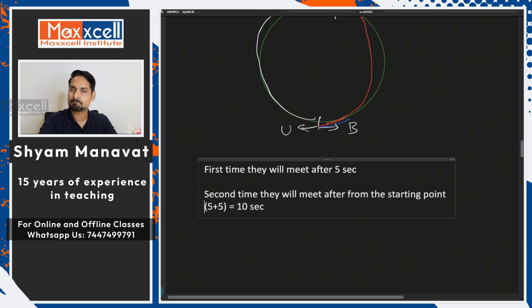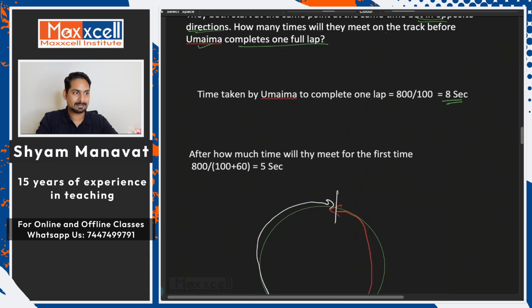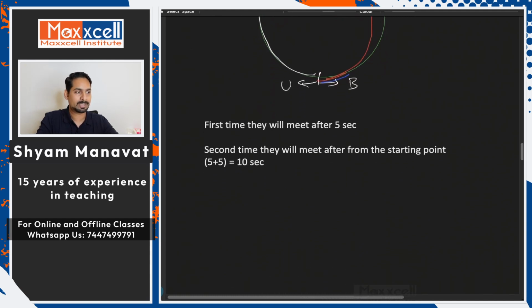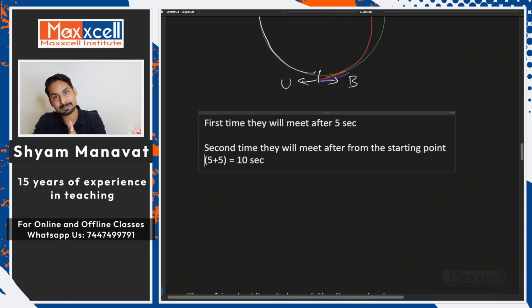You getting it? Umaima is able to complete the track in 8 seconds. Will they be able to meet the second time? No, because Umaima will complete the lap in 8 seconds, and they meet the second time after a total of 10 seconds.